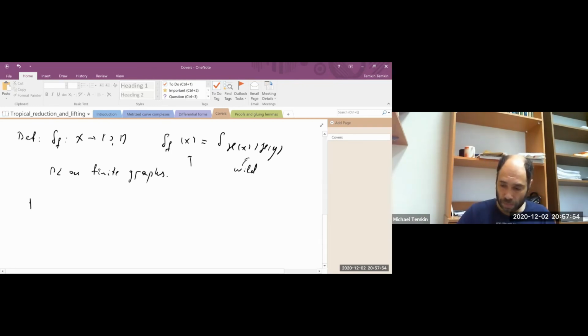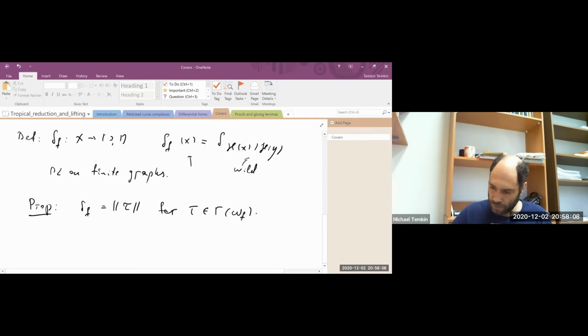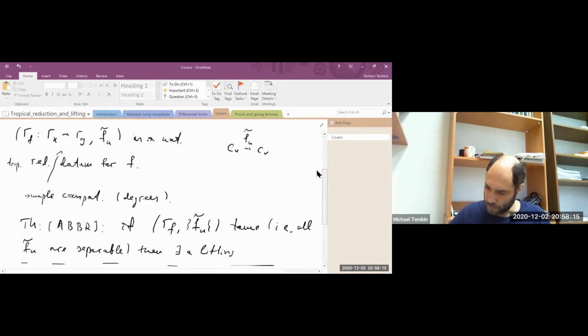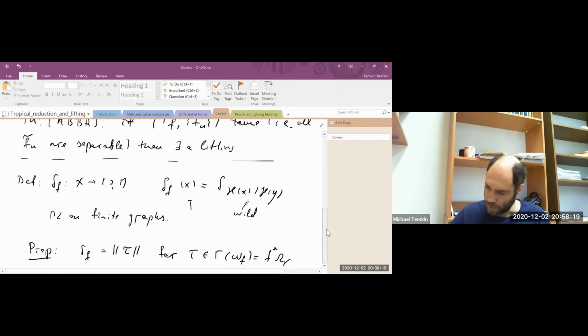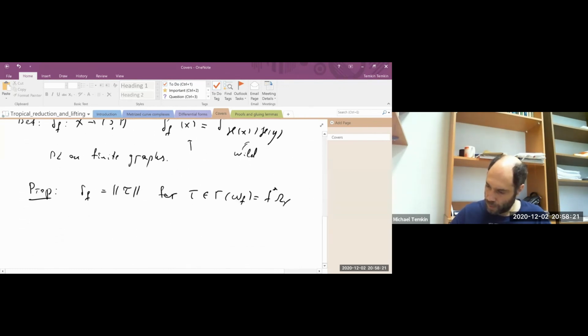Now, the proposition says that, in fact, this function is the absolute value of tau, for tau a section of the dualizing sheaf of f, which is just the pullback of omega y dual tensor with omega x.